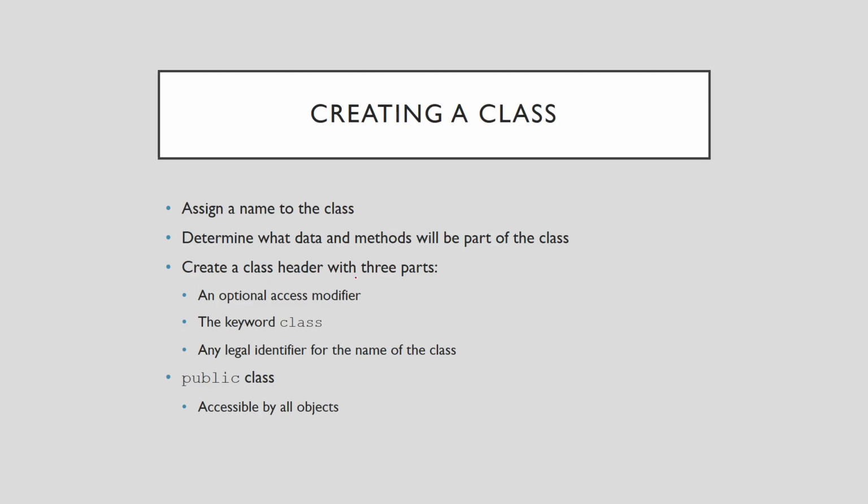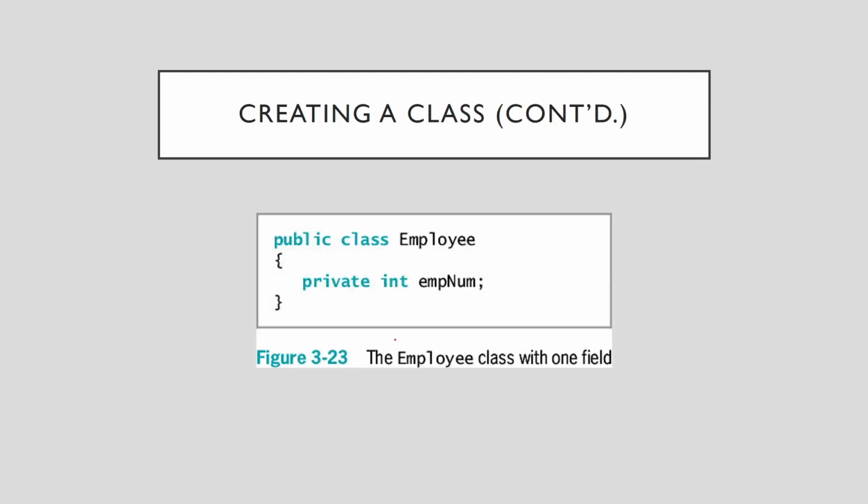Then create a class header with three parts: the access specifier, the keyword class, and the class name, which is any legal identifier. The access specifier public means this class is accessible by all objects. Just like this one, creating a class employee, we have the class header public class employee.